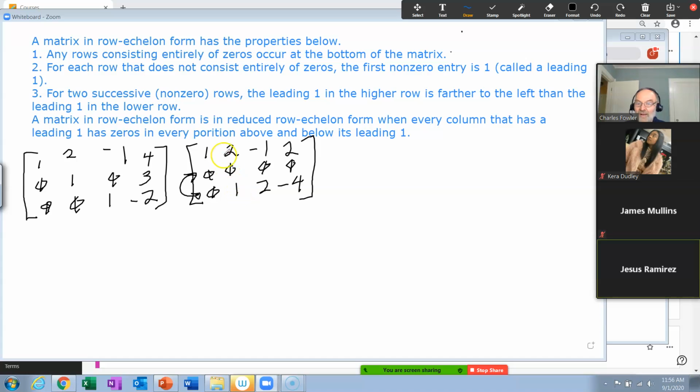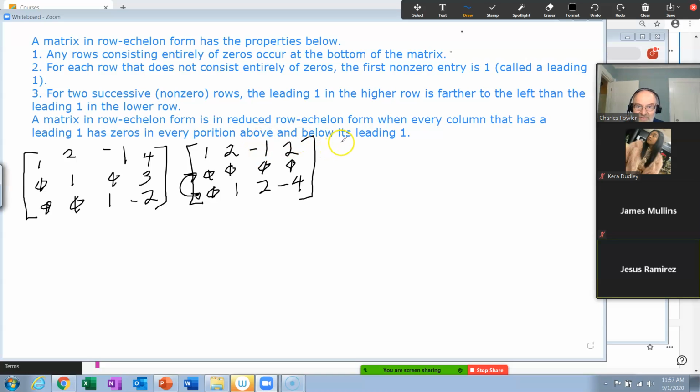But this leading 1 has a 2 above it. It needs to have a 0. Of course, we swap these two rows to begin with, put the row of zeros at the bottom, but then for this 2, all we'd have to do was multiply this row by -2, add it to that row, then we'd have it in reduced row echelon form once we had swapped those two rows. So it was neither row echelon form nor reduced until we did some adjustments.